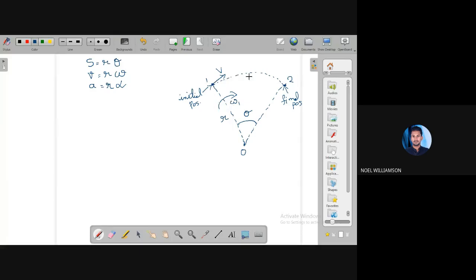Then it starts moving, and at this final position the velocity will be acting tangentially. This is the velocity v2, linear velocity, and here also the angular velocity omega 2.